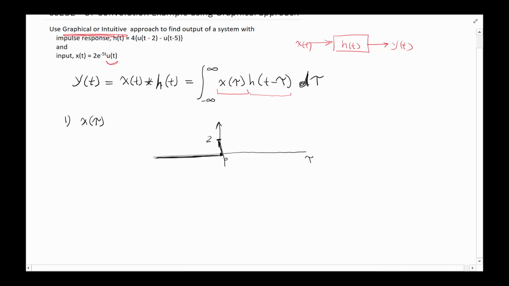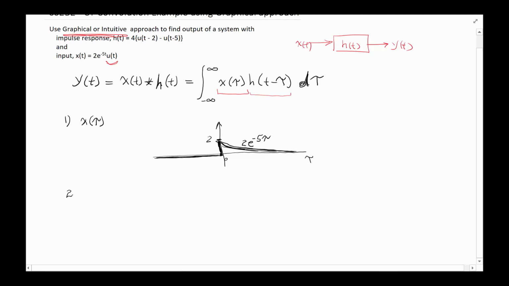Then it's going to go up to 2, and after that, since this is e to the minus 5 tau, it's going to decay. Eventually at infinity it goes to 0, but it decays at the rate of 2e to the minus 5 tau. Let's bolden the graph a little bit, and here is our x of tau. That was easy; all we did was replace t with tau.